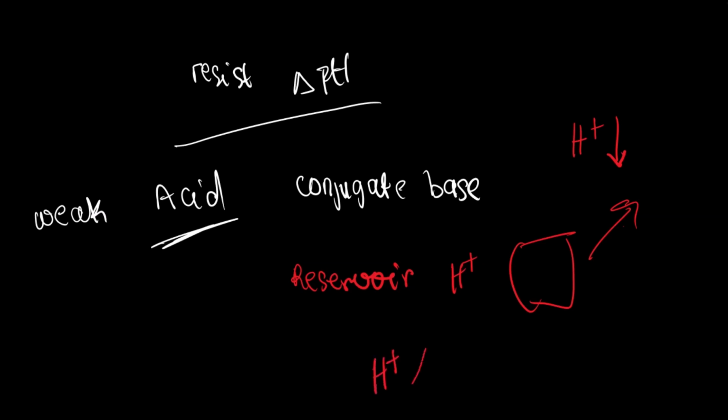When there's a drop, it releases hydrogen ions, and when there's an increase in the hydrogen ion concentration, so when the hydrogen ion concentration goes up, this reservoir takes in the hydrogen ions in order to stabilize the pH in general.